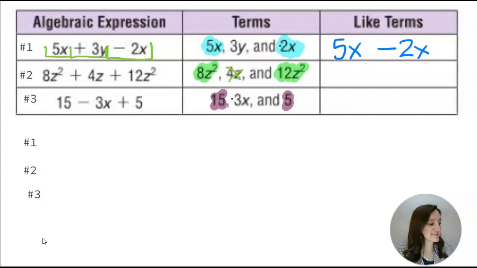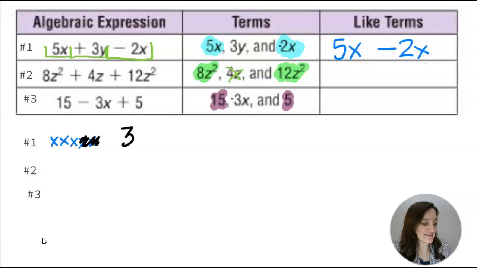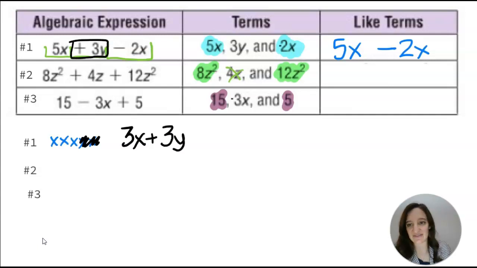So if you have 5x's, and then we need to take away 2x's, now we have just 3x's. So it's now 3x. We still have this positive 3y that we couldn't combine with anything else. So that is algebraic expression number 1, combined.